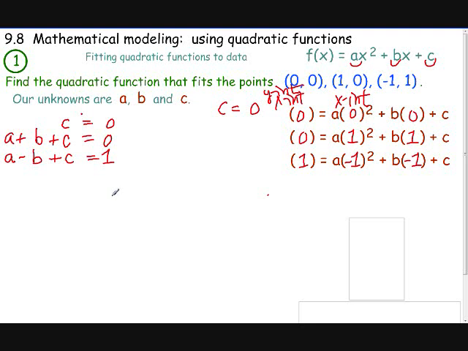I could, right now, substitute in for all my C's. I know that C is equal to 0. So I can substitute in C and get A plus B equals 0, and A minus B equals 1.